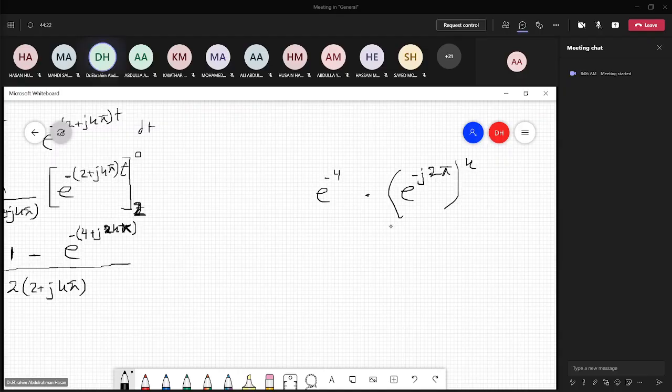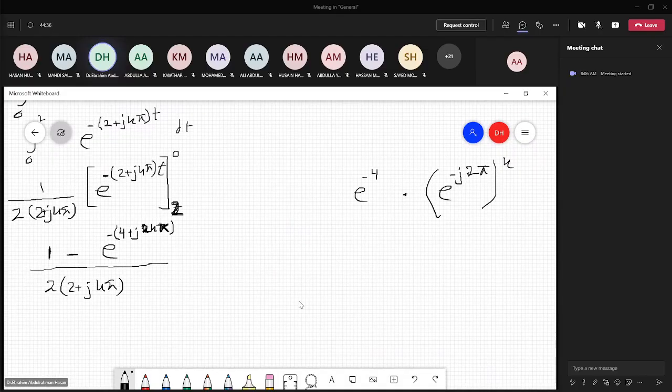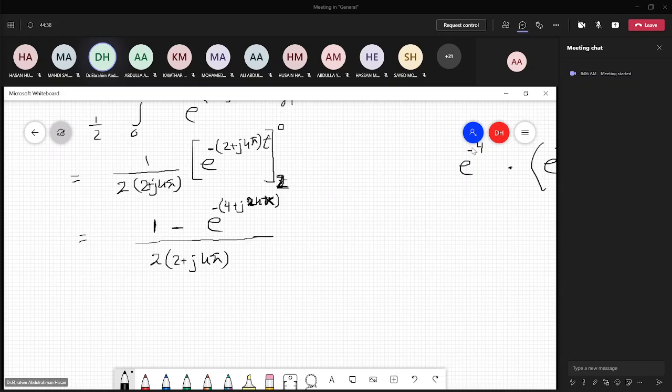Whether it's minus or plus, minus 2 pi is a full rotation, so 360. So it is same as 0, then this is equal to 1. So to the power of k, always equal to 1. So then this part is equal to e to the power of minus 4 multiplied by 1. So then this is constant, it is only minus 4.